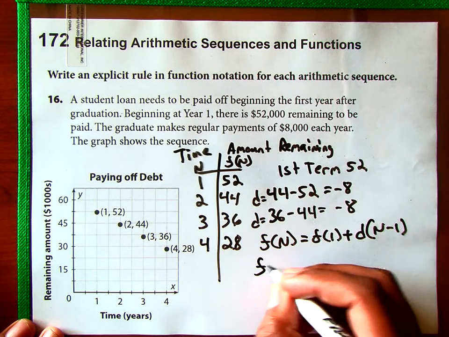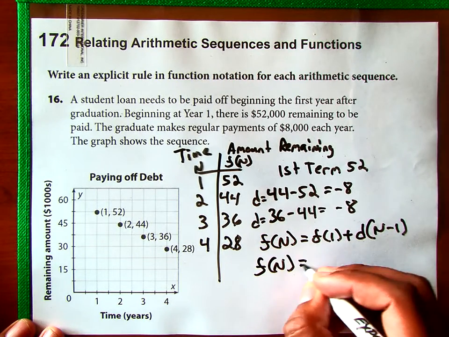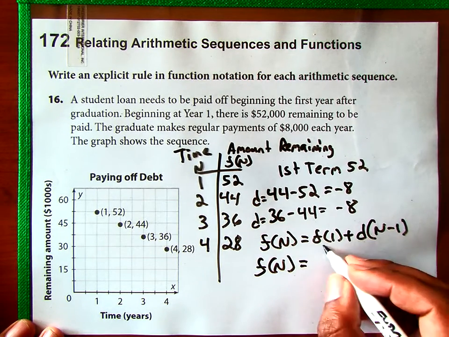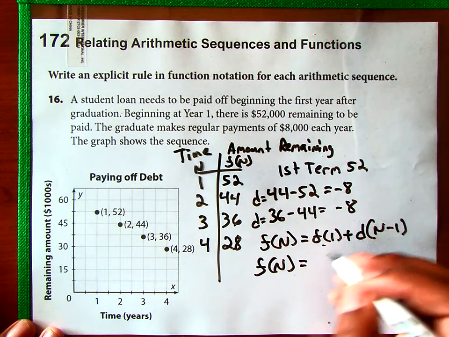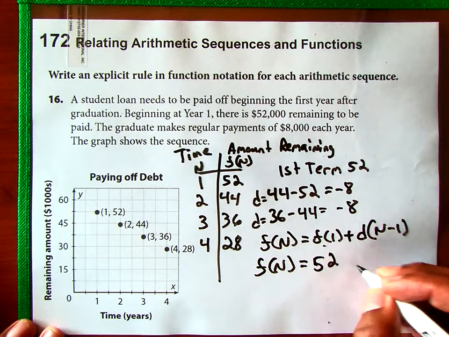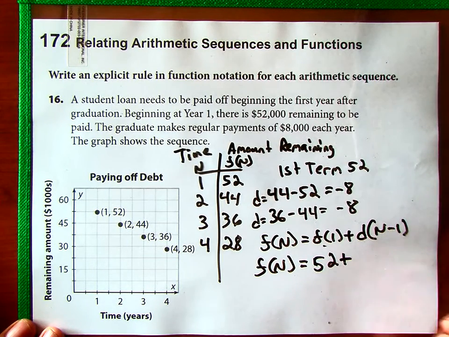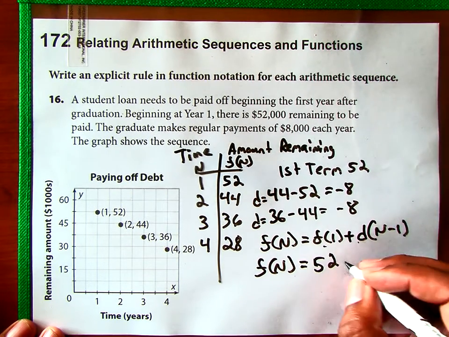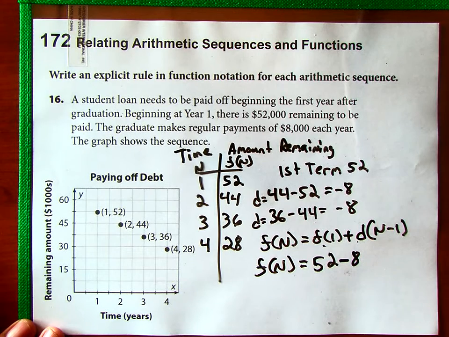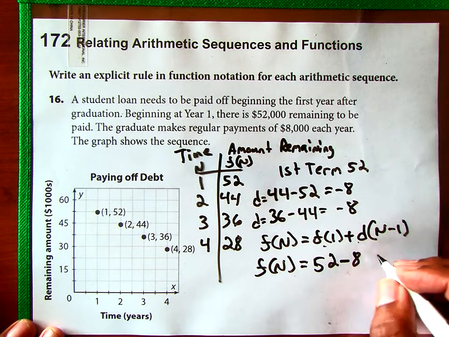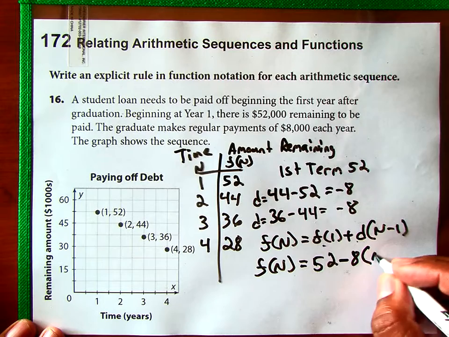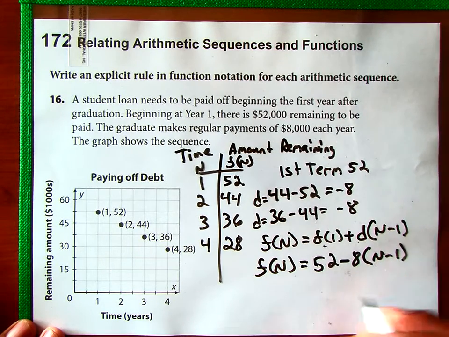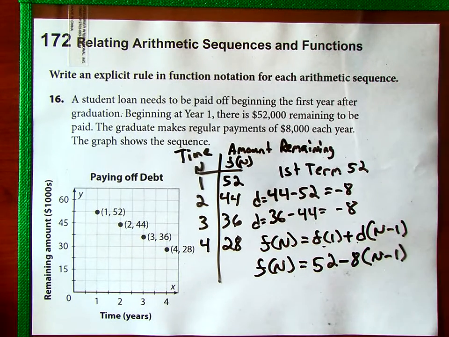So f of n is equal to f of 1, the first term, 52, plus my common difference, which is negative 8. So I'm going to put minus 8. And then n minus 1. And that's the explicit rule written out.